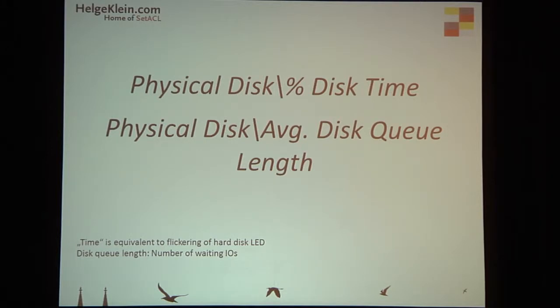And another thing is average disk queue length. Many components in a Windows system have a queue. So if different processes try to access the disk nearly simultaneously, obviously the disk cannot process all these requests at the same time.